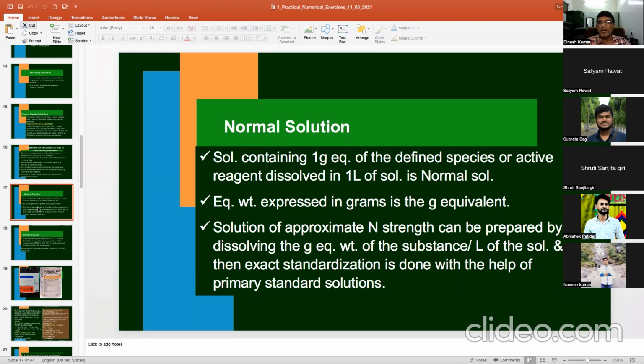A solution containing 1 gram equivalent of the defined species or active reagent dissolved in 1 liter of solution is a normal solution. So a normal solution is when you dissolve 1 gram equivalent weight of a substance in water, make up the volume to 1 liter, and that is your one normal solution.